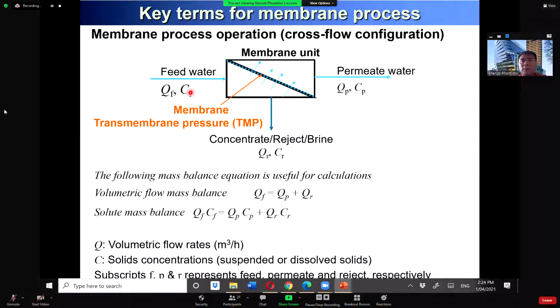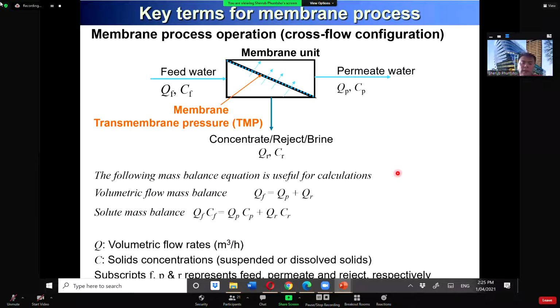Then the total mass of the dissolved solids coming in will be the flow rate multiplied by the concentration, right? So that should be equal to the mass of the contaminants going out with the permeate, plus the mass that is going out as reject. So that should be equal.